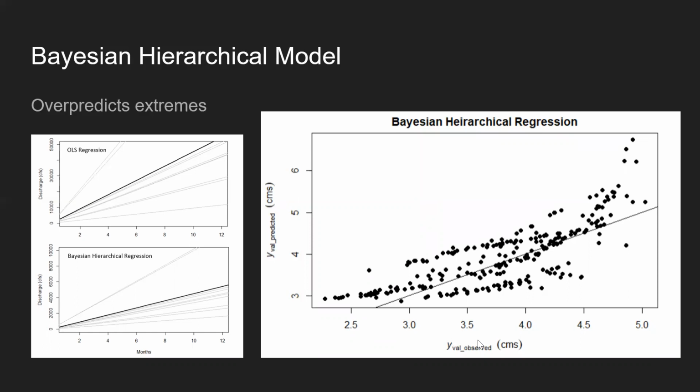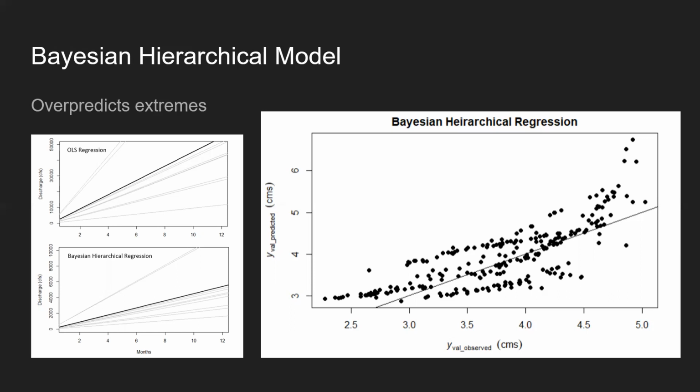It is log transformed discharge values from our model and from the field measurement that we used in the model. So here on the left panel, we just demonstrate how the hierarchical model behaves in comparison to the ordinary least squared regression.